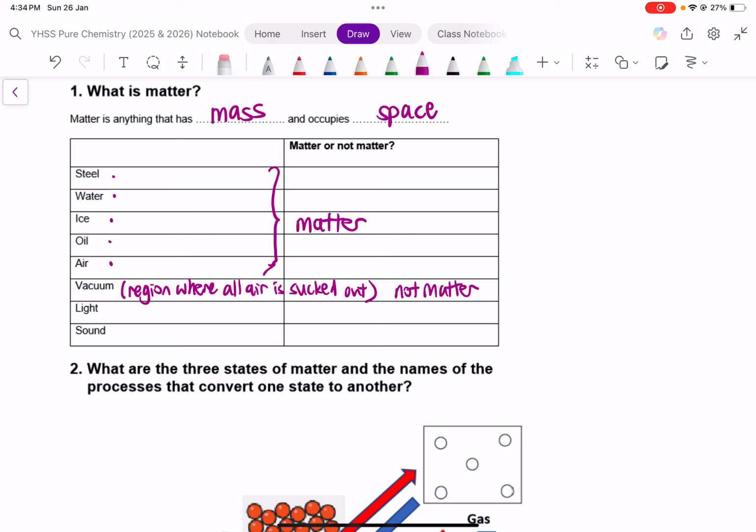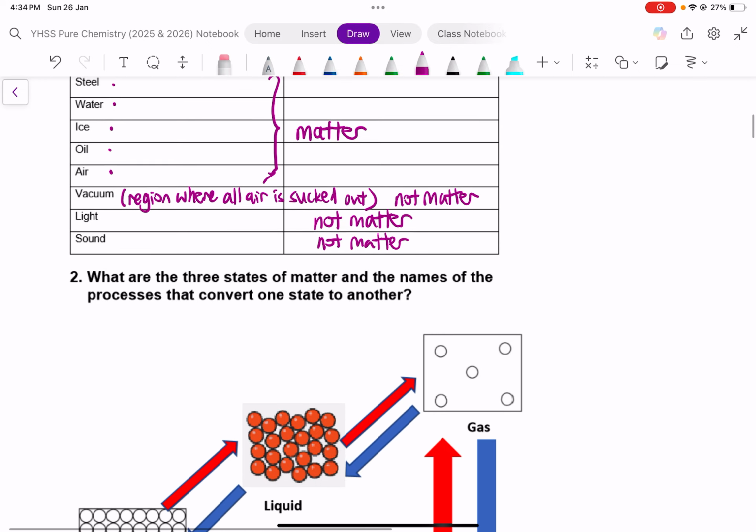Light and sound are forms of waves, and waves transfer energy. Energy does not have mass, and therefore they are also not matter. So really, this allows us to focus our understanding of what we are studying in chemistry. In chemistry, we are studying matter, which happens to be all the chemical substances which are made up of particles.